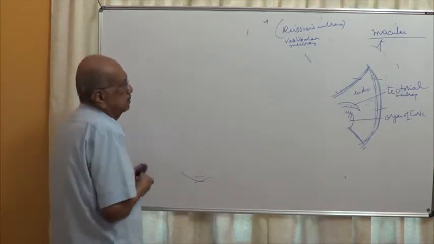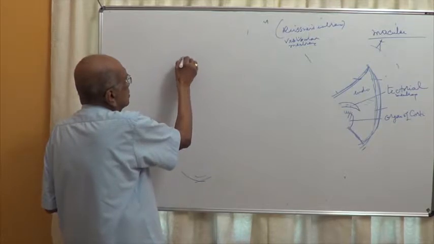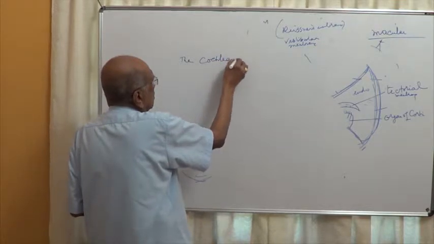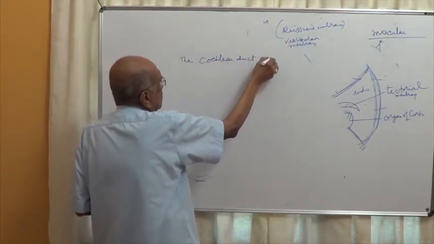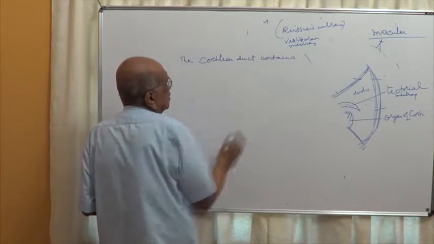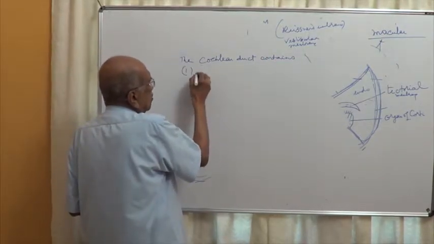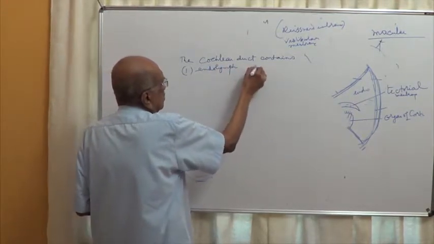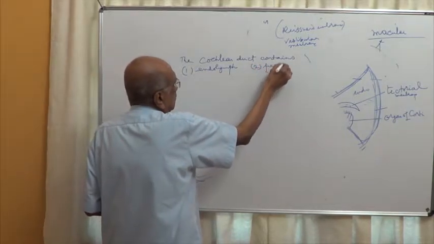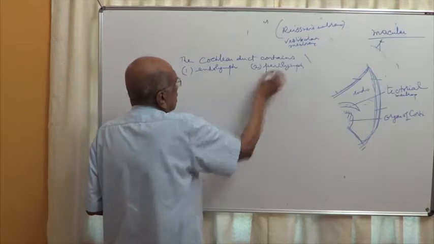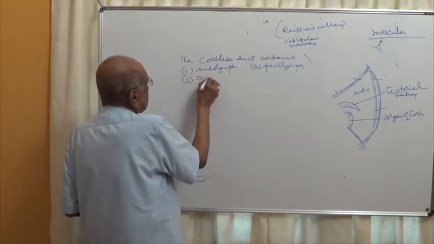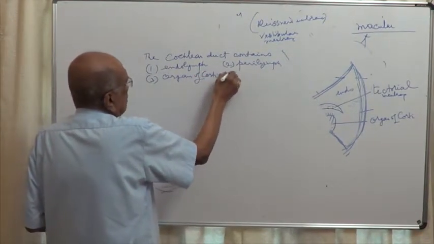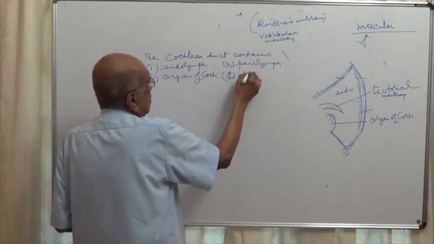For example, the simplest: the cochlear duct contains number 1, endolymph, number 2, perilymph, number 3, organ of Corti, 4, 1 and 4.